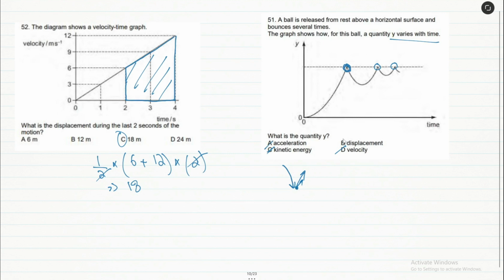So it can't be acceleration. Going once again, it's not acceleration because its value is not changing signs. It can't be velocity because at the ground, velocity must be 0. So it has to be displacement. I'm not going into why it's not kinetic energy because you haven't studied this. So let's just move on.